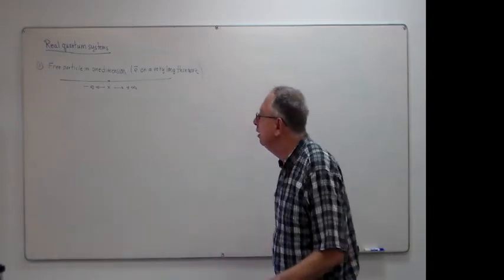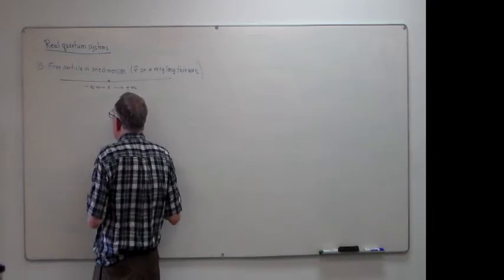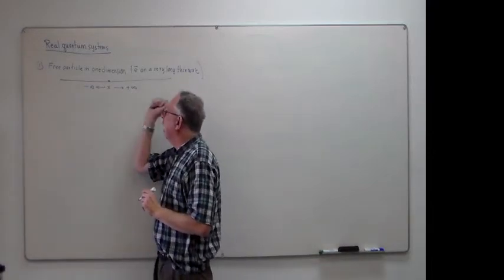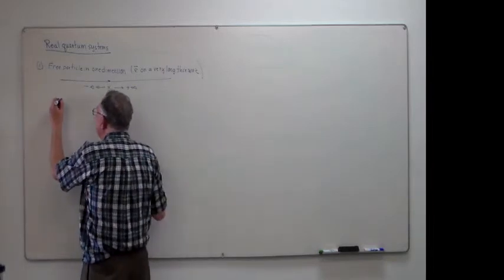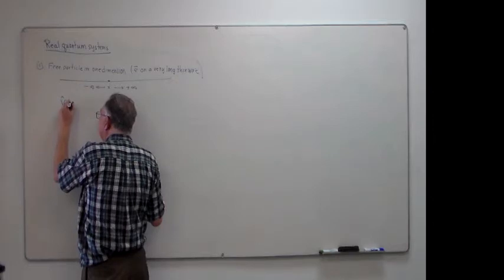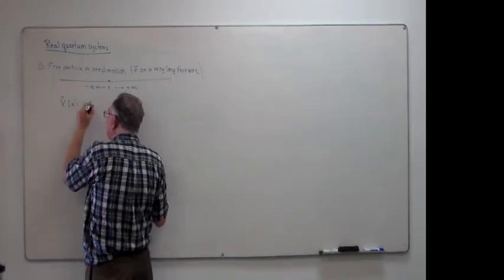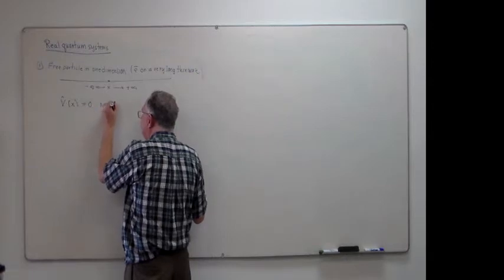Okay? And we're going to assume everything in the wire is the same and there's no potential energy. So V of x equals 0. No potential energy.